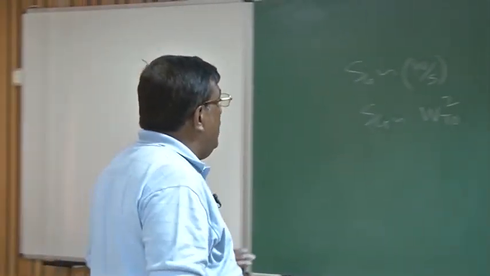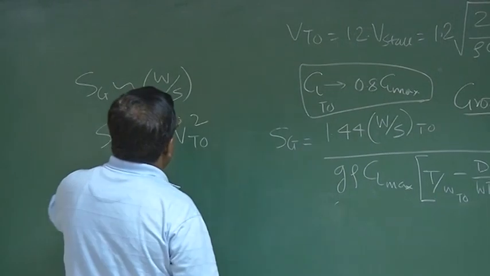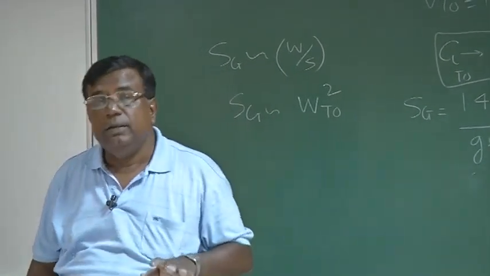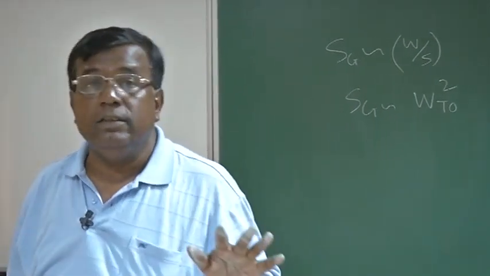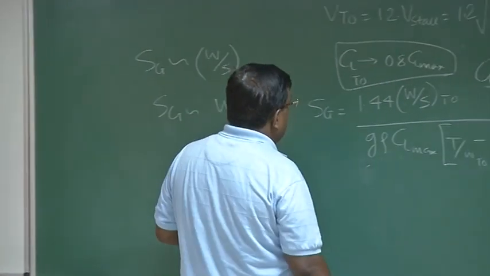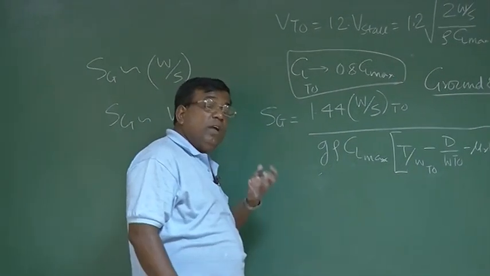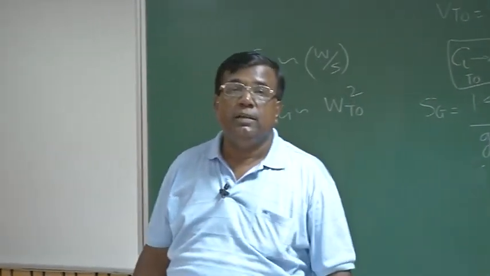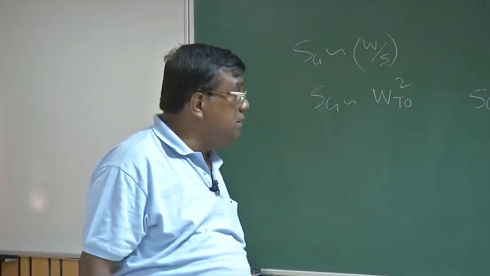That means they require larger ground roll distance to achieve V takeoff. So the moment you want to design a heavier aircraft, you should be careful. It will demand larger ground roll distance. Okay? But as a designer, you cannot keep quiet. You have to handle this situation. Larger aircraft, but not so large takeoff distance or ground roll distance.